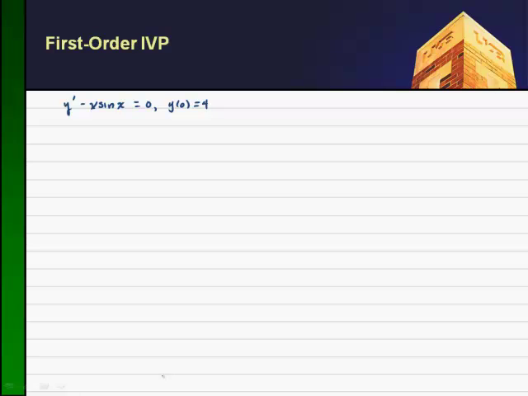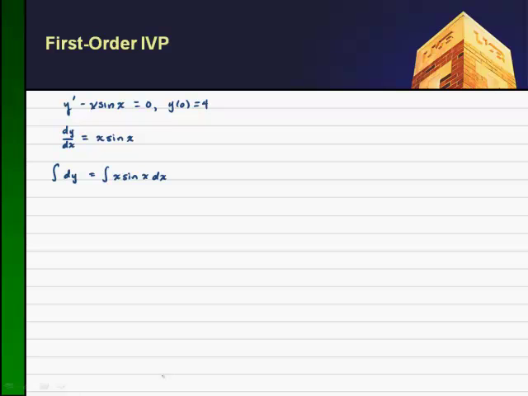So let's go ahead and write the y prime as dy by dx. And then I'll transpose the x sine x. And upon multiplying by dx, my first order ODE is fully separated and I'm ready to integrate.